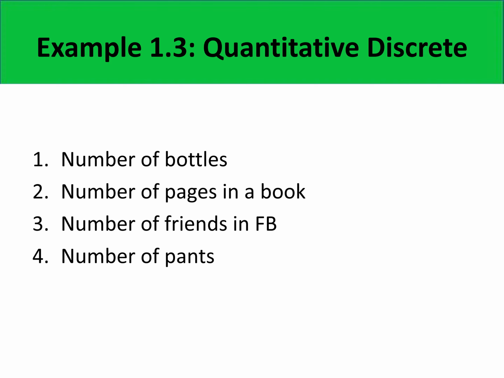Other examples of discrete quantitative variables would be number of bottles, number of pages in a book, number of friends in Facebook, and number of pets. These variables would yield responses like 0, 1, 2, etc. because they answer the question how many.